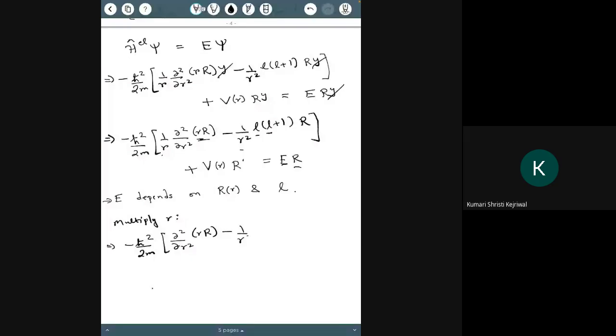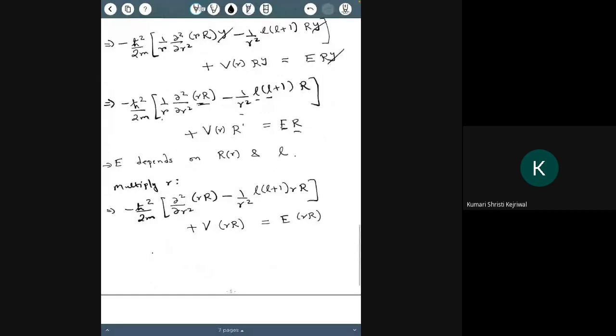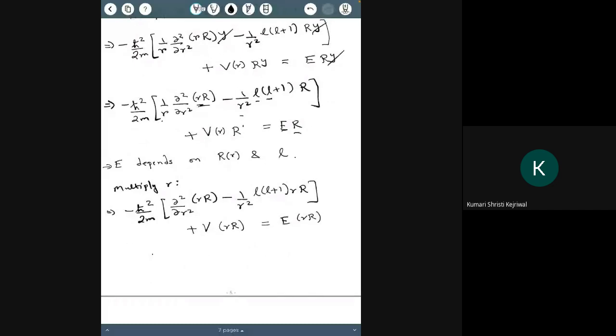So this was quite a lot of painstaking work for a lot of people. If I multiply by r, and you are only learning the quickest way to the solution, 1 by r square, l into l plus 1, R R, V into R R, equal to E into R R. Now I will replace R R with another function, which I will call U of r.